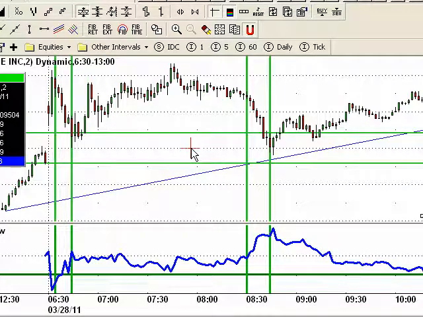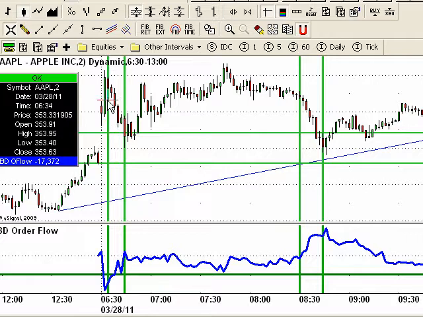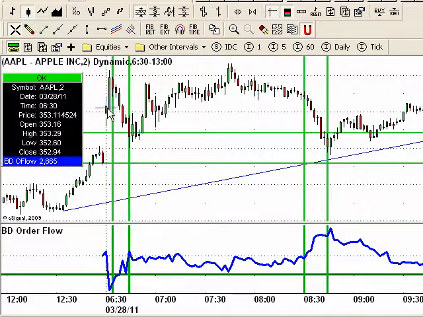So we have a 2-minute chart of Apple, and in the morning you'll see that after we gapped up, typically the first support area you would look for is somewhere within the gap, right? I mean, it's very typical for buyers to come in somewhere between the gap and the previous session's closing value.